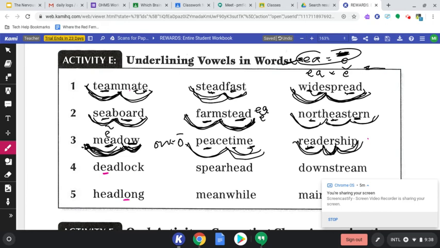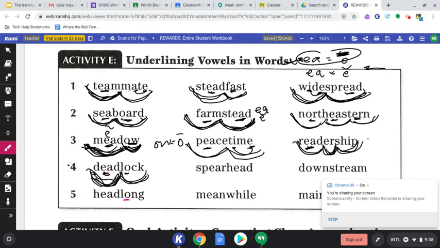About line 4. Deed lock. Okay, let's see if the short E sounds better. Deadlock. Deadlock.